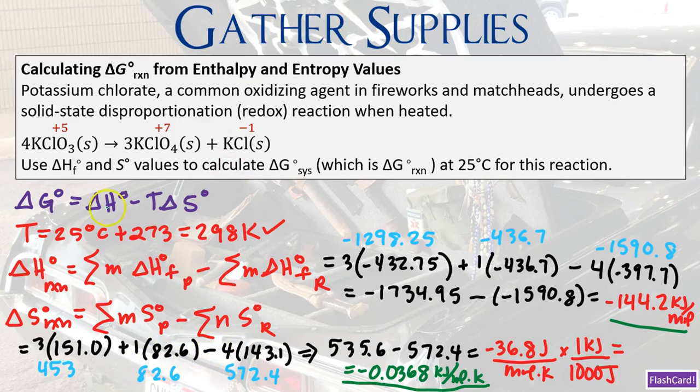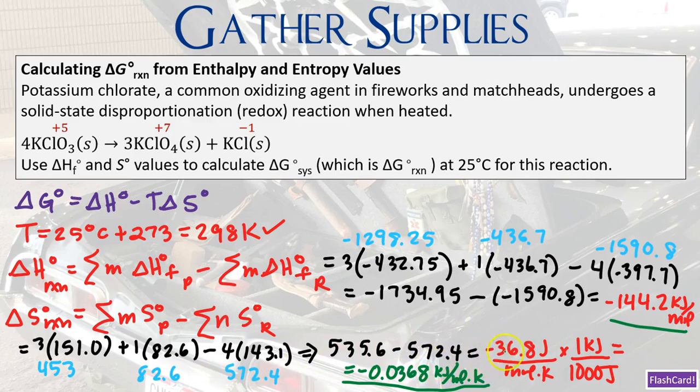I'm going to subtract this from 4 times my S naught value of KClO3, which is 4 times 143.1, and I get 572.4. When I add the two product numbers together, I get 535.6, and I'm going to subtract the number I got for my reactant, which is 572.4.